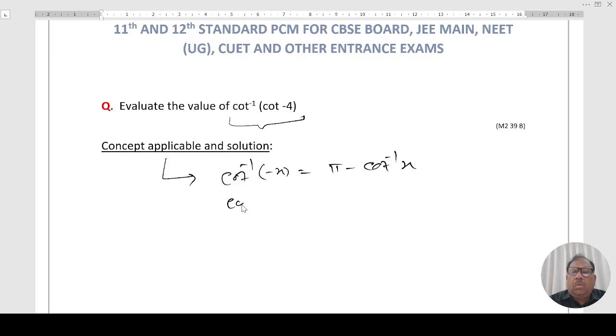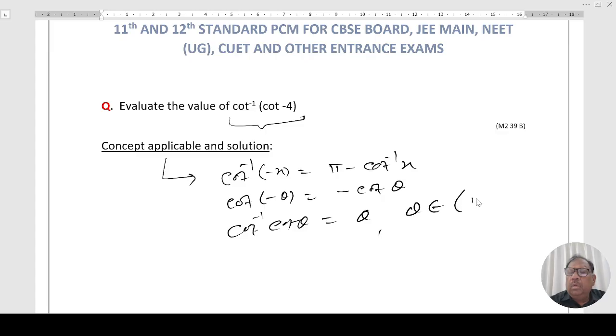And cot of minus theta is minus cot theta, cot of minus theta is cot theta. And cot inverse cot theta equals theta, provided theta belongs to minus pi by 2 to pi by 2.